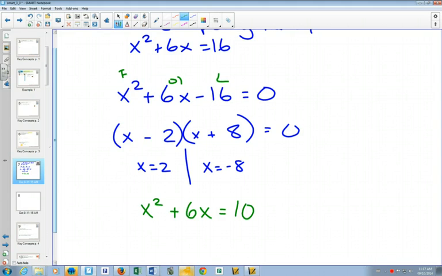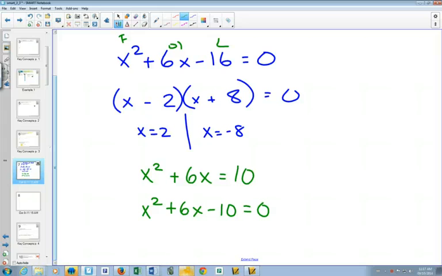When we move it over, same technique that we had before, but when we go to factor, two numbers that multiply to 10. 5 and 2 doesn't make 6. What also multiplies to 10? 10 and 1 doesn't make 6. So we get a problem, right? Sometimes when you make it equal to 0, it can't be factored.